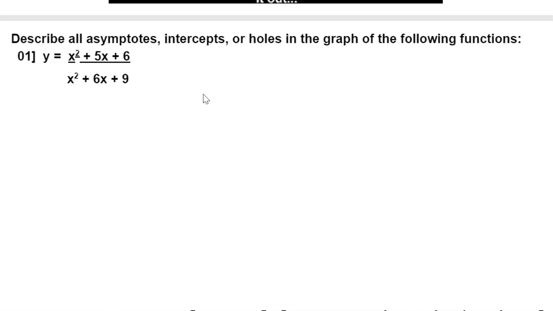All right, so we're going to need to, first of all, factor this out. So we're going to wind up with x plus 2, x plus 3 on top. And we're going to wind up with x plus 3, x plus 3 on the bottom.